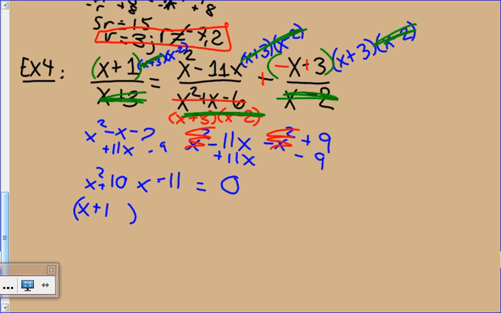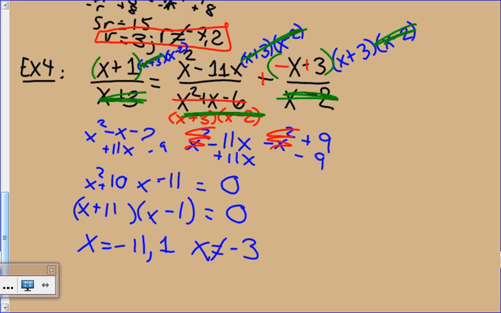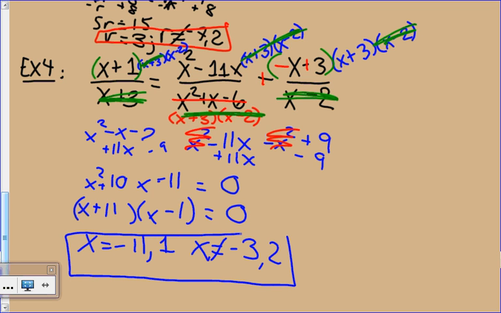So we have x plus 11 and x minus 1 is equal to 0. So x equals negative 11 and positive 1. So let's also state that x cannot equal positive 3 right there, so negative 3, and the negative 2. So nothing conflicts, and I think our answer is good to go.